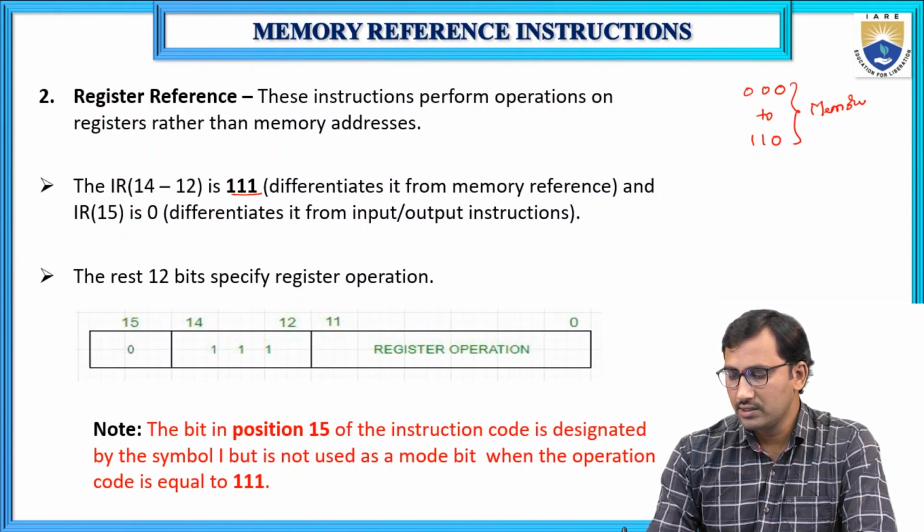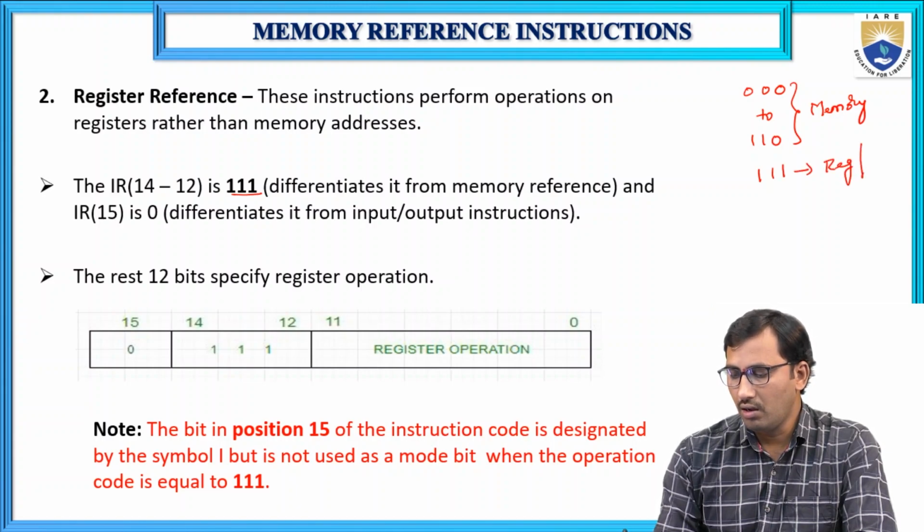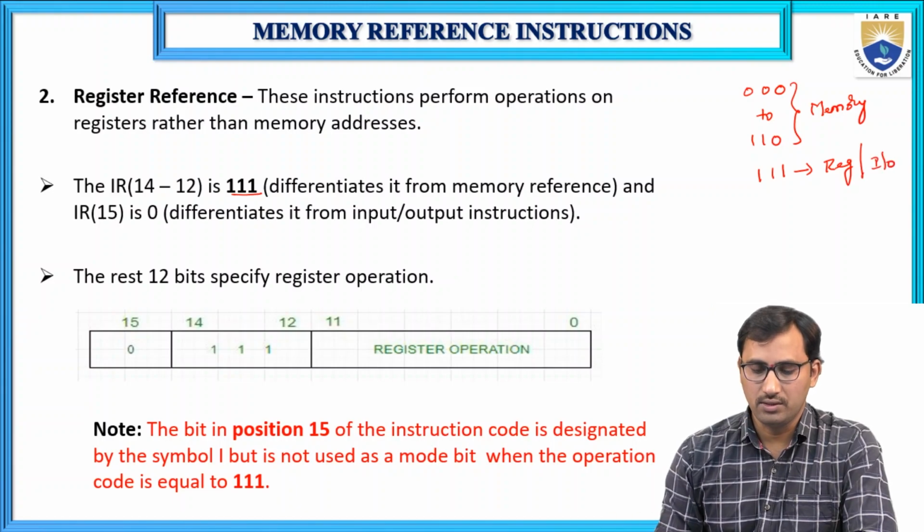When the opcode bits 12, 13, 14 are 111, it may be a register reference instruction or an IO reference instruction.